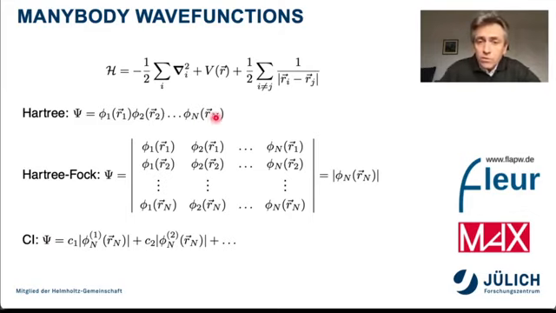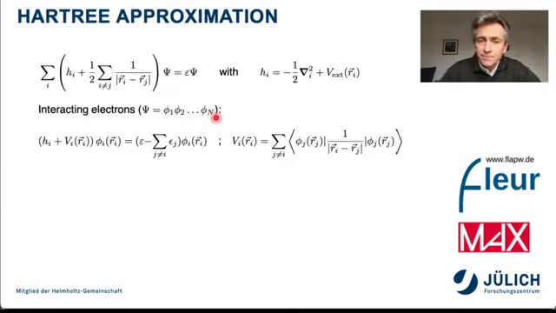Now let's first look at this Hartree approximation, and now I write the many-body Schrödinger equation into some local term, this H_i here, and the electron-electron interaction term.